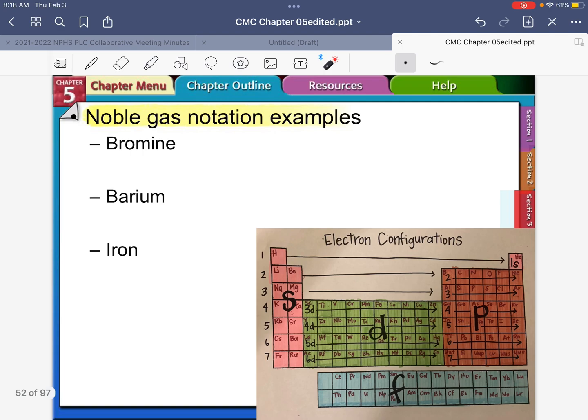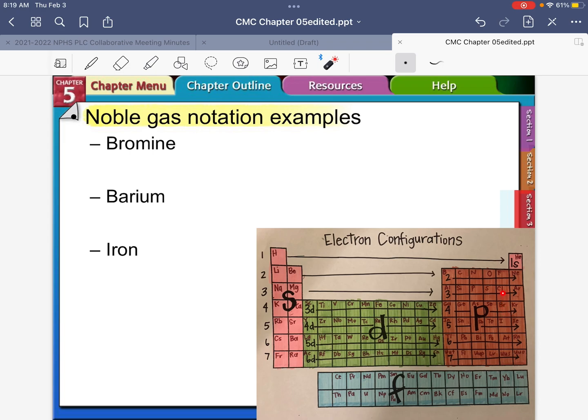So I'm going to do these examples with you. So we have bromine first. The first thing that we should always do is find the element on the periodic table. So if I'm looking here at bromine, bromine is this guy here. It's in the 4p, that's the last thing it has. So in order to write a noble gas notation, we always want to find the noble gas that occurs before it.